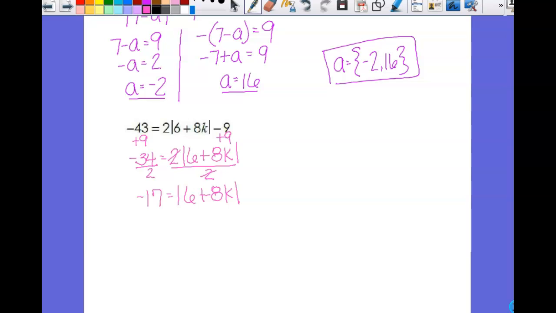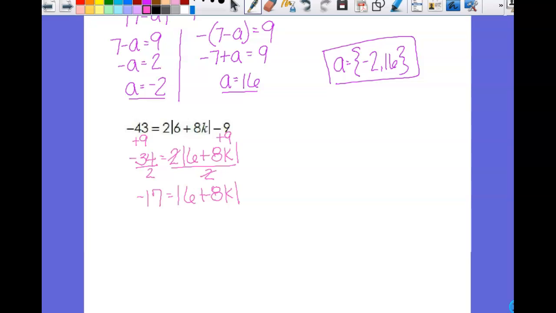Remember, once you're here, you've got to set up 2 equations. Do you remember what to set up? Set them both up. Good. Okay, you have this. You can't change that sign. It has to be a negative 17. Yeah. Okay.